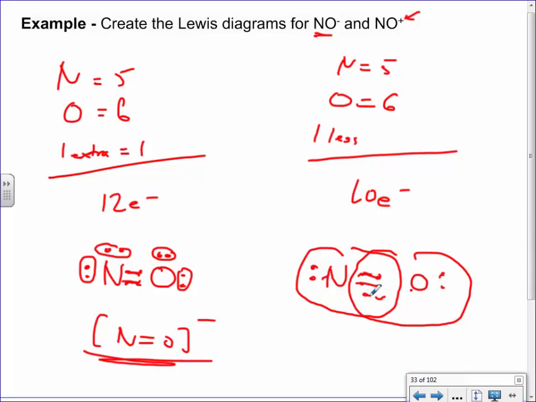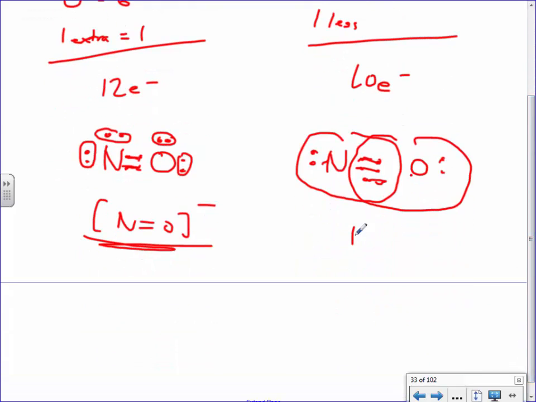We call that a triple bond. So if I were to write this one out, N to O with a positive charge is actually a possible polyatomic. It's not one you guys are expected to know, but it is one that actually could exist. That would be the way you'd make it, though.